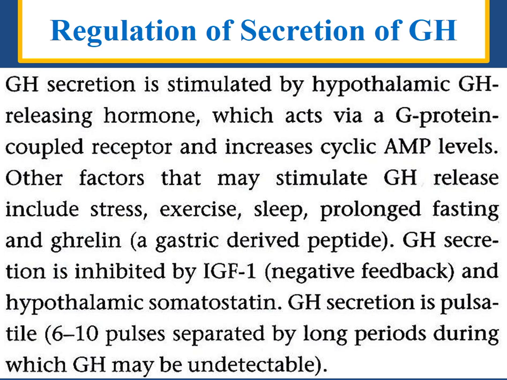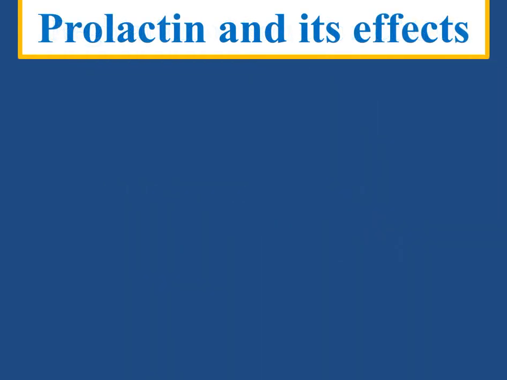Growth hormone secretion is inhibited by IGF-1 negative feedback and hypothalamic somatostatin. Growth hormone secretion is pulsatile, 6 to 10 pulses separated by long periods during which growth hormone may be undetectable in the blood.